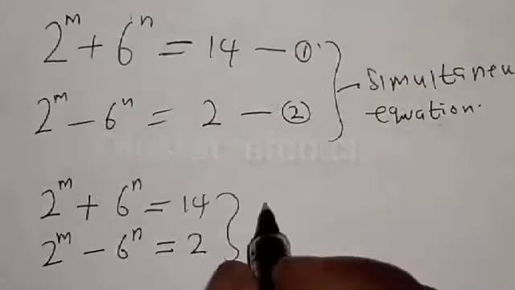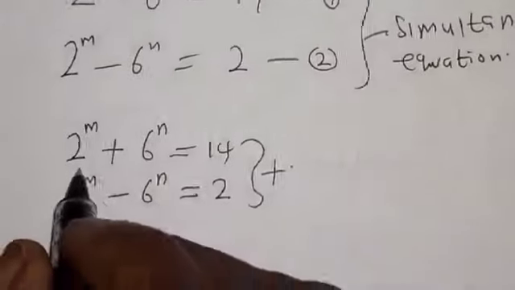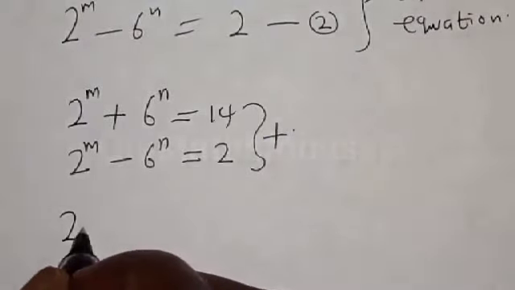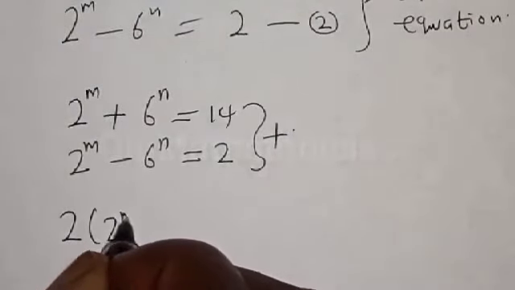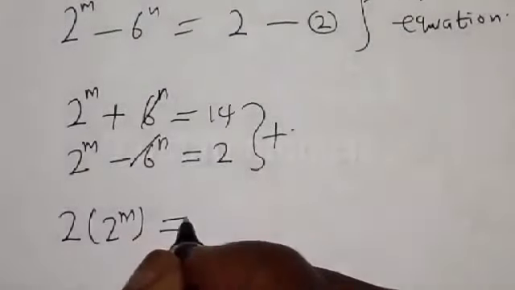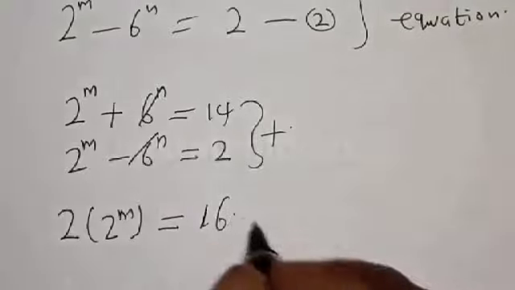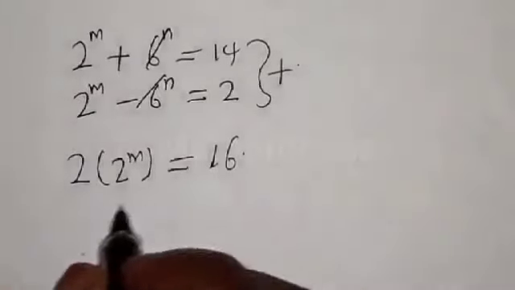Let's add equation 1 and 2 together. We have 2 into 2 raised to the power m; the 6 raised to the power n terms cancel. It is equal to 14 plus 2, that is 16.